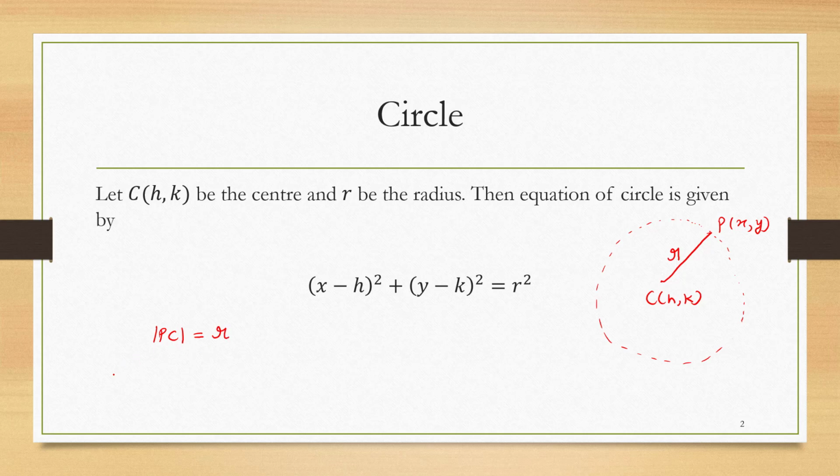From distance formula, distance between P and C is square root of (x minus h) whole square plus (y minus k) whole square, that is r. Or squaring both sides, we get this equation of circle, that is (x minus h) whole square plus (y minus k) whole square is equal to r square.